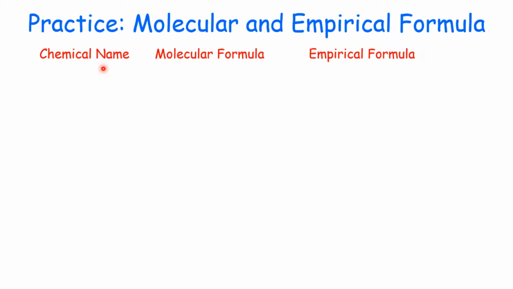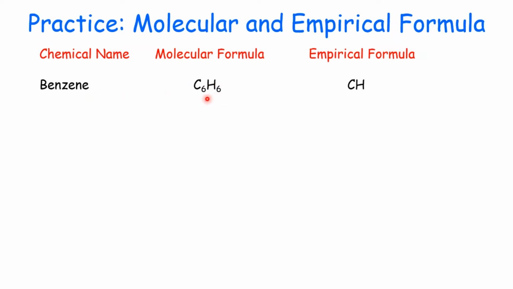So we have the chemical name, and then the first column is molecular formula, then the last column is empirical formula. Benzene, in the gasoline our cars use every day, contains a low concentration of benzene, which is very toxic.